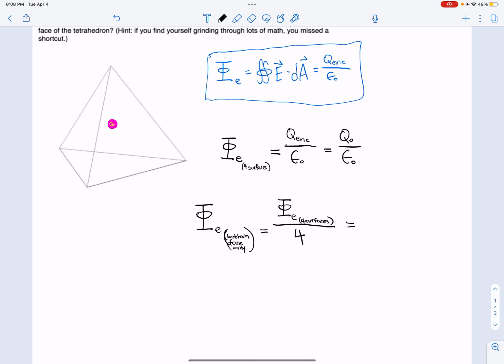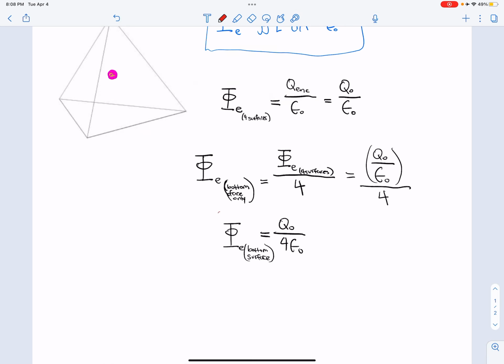That's Q naught over epsilon naught, the total electric flux through all 4 surfaces, divided by 4. So our final answer will be Q naught over 4 epsilon naught. And that's the electric flux through the bottom surface, or bottom face. And that's the final answer for this problem.